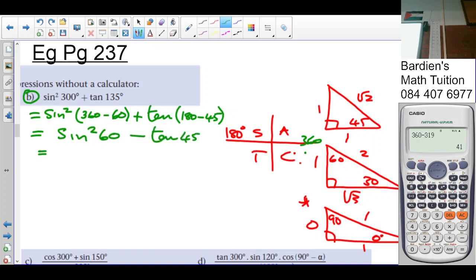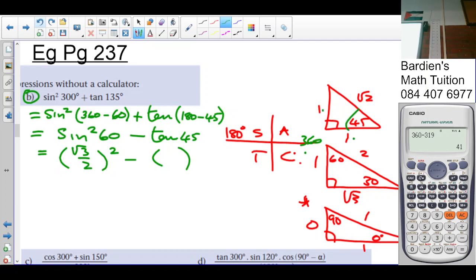So what do I do now? Use the special angles. So sine of 60. What does sine stand for? Opposite over hypotenuse. So that is going to be root 3 over 2, squared. Tan of 45. What does tan stand for?